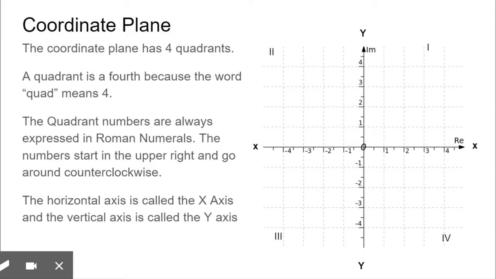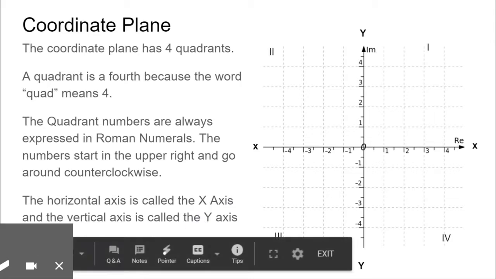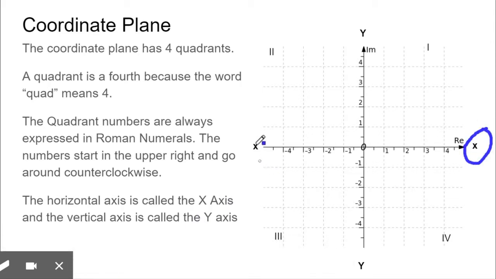You can see that I've labeled it as x, right here and right here. That means it's this one going back and forth. The y-axis is the one that goes up and down. There's the y, and this one goes up and down.